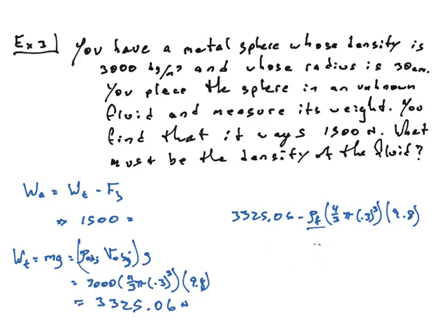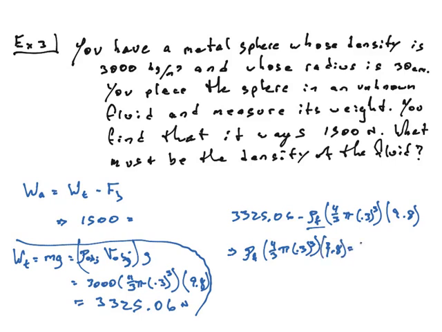So let me just erase this out of the way and I can work on it. First thing I'm going to do is bring the rho times 4/3 and all that to the left, and then I'm going to move the 1,500 over to the right. So we have rho fluid times 4/3 pi r cubed times 9.8 equals 3325.06 minus 1,500.